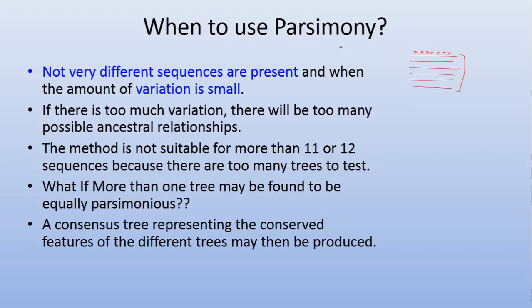Then you use maximum parsimony, and you use this method to generate a number of trees. This is tree number 1, for example, and you have generated tree number 2, and this is tree number 3 that you have generated.